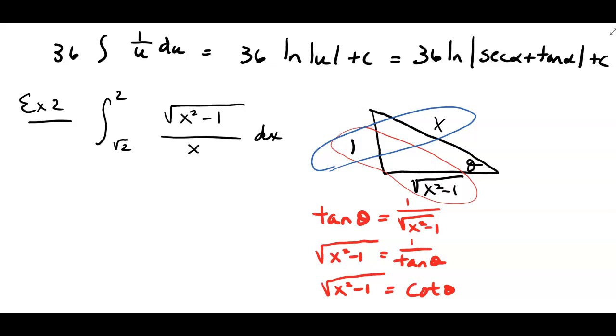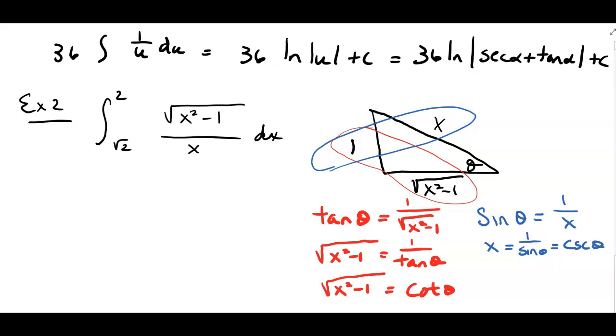But on the other side, we have our blue pairing. When you go from theta, it's going to be opposite over hypotenuse, so that's a sine. Sine theta equals opposite over hypotenuse, which gives us x equals simply 1 over sine theta. For us to do the derivative, it's easier to turn it into a cosecant theta.